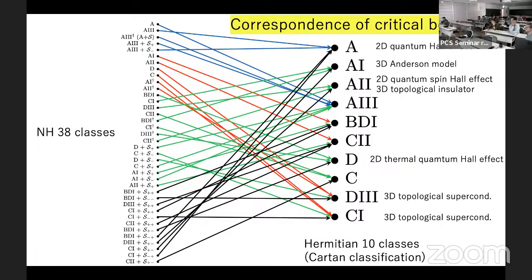But even with 4 symmetries, sometimes it's reduced to the most general class A. So it's not so trivial. Each symmetry class goes to its own class. But thanks for the question. The color indicates the number of symmetries in the non-Hermitian system.